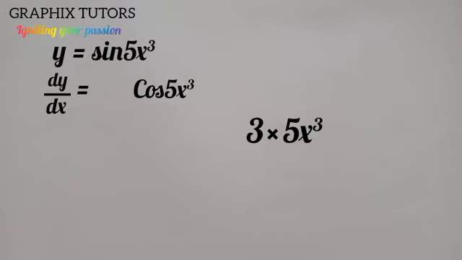As the 3 comes down, I subtract 1 from the power. Whenever anything comes down, you subtract 1 from that power. So 3 times 5 gives us 15x, then 3 minus 1 gives us 2. So 15x squared. My answer, dy over dx, will be 15x squared cos 5x cubed. That is the answer.